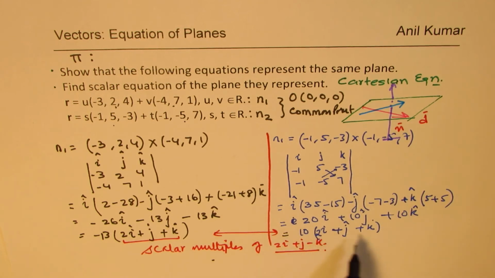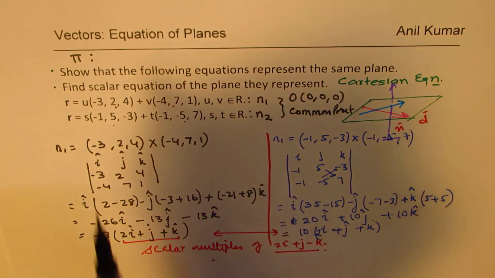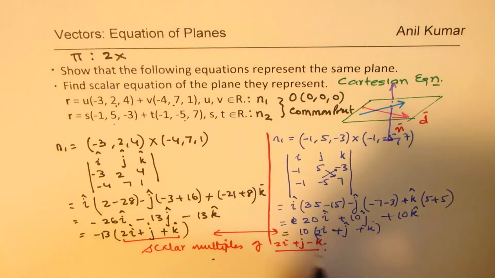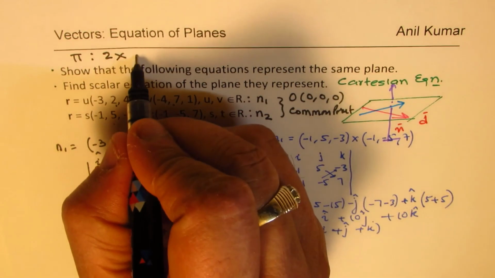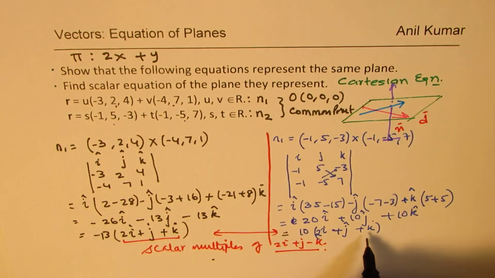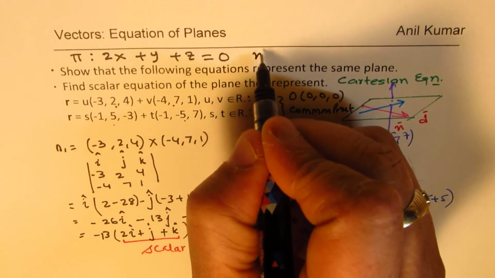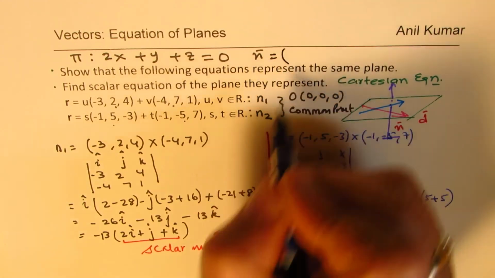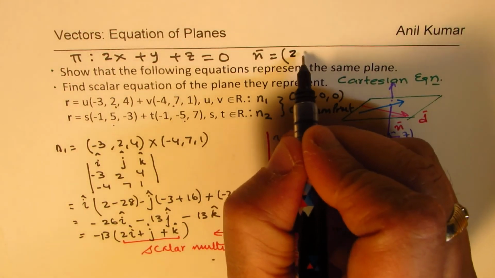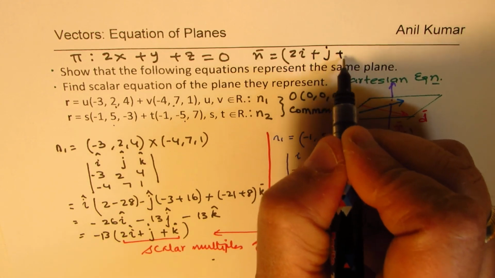So with the plane going through the origin, it will be 2 times x plus 1 times y plus z equals 0, because we are taking the normal as the simplified form, 2i plus j plus k.